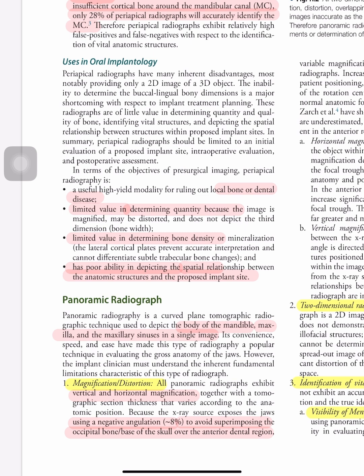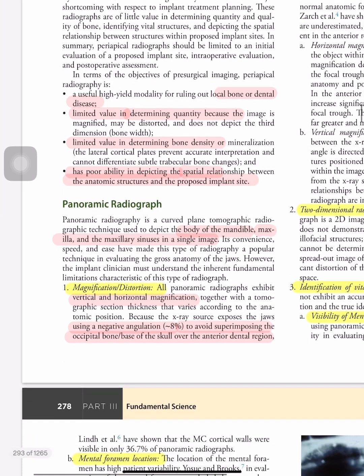And one important thing is that for evaluation of peri-implant diseases, IOPAR has a certain advantage, which we will discuss in the upcoming section. So, next one is the panoramic radiograph, the common OPG that we take. Again, this is a 2D modality, so the disadvantages are similar to those of the periapical radiograph, except that since it covers the entire maxilla, mandible, and the maxillary sinus, it has a better FOV, and the evaluation is a little bit easier.